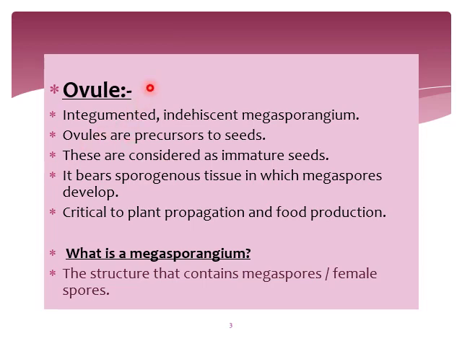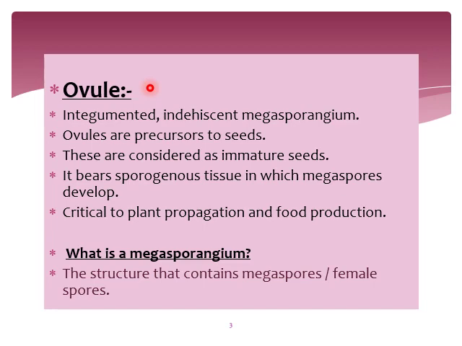First of all, the ovule. More technically, if we define ovule, then it is an integumented, indehiscent megasporangium. Ovule is a structure that ultimately leads to the formation of seeds.